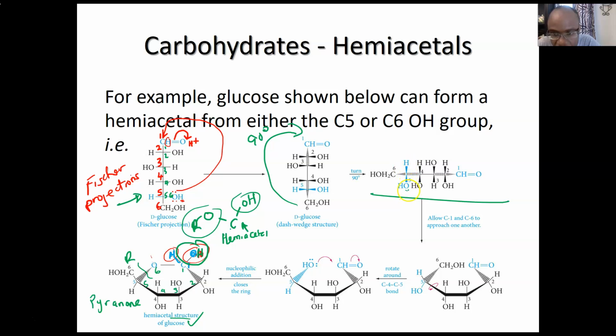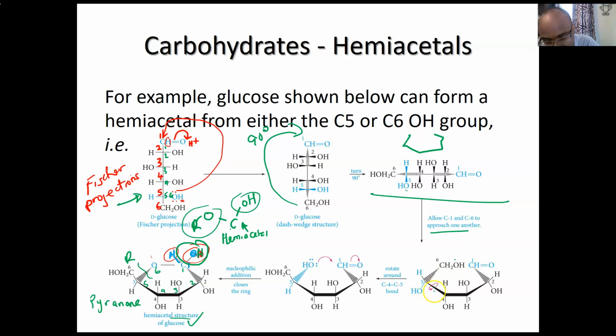Let's see, yeah, it's gonna be that oxygen attacking the aldehyde. So before it does that, let's kind of allow this straight chain to curve, right? Like curve it. So you're gonna end up with this structure.